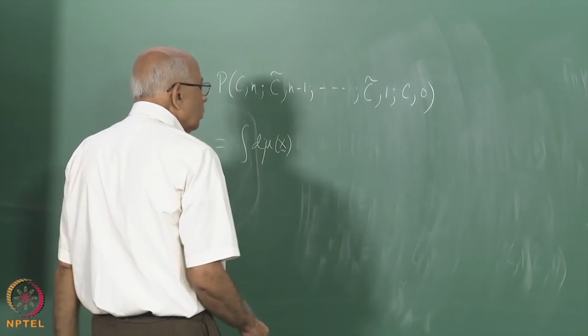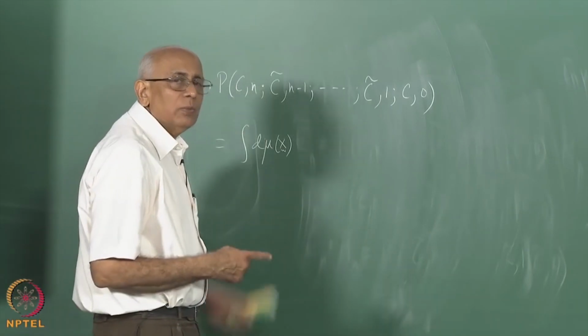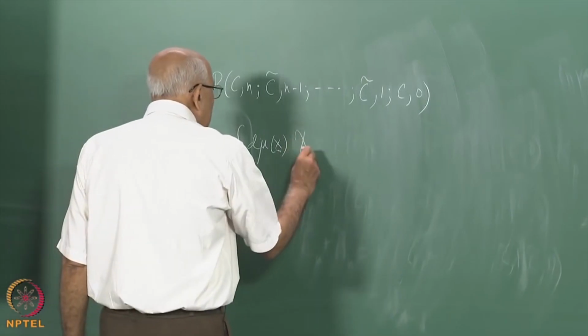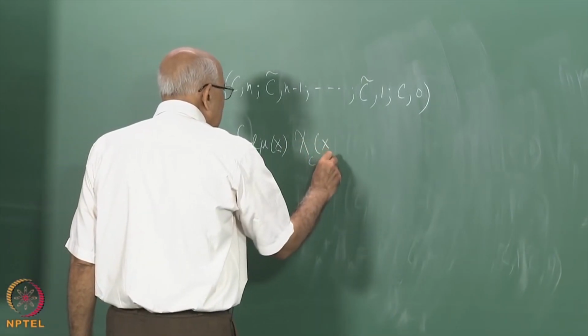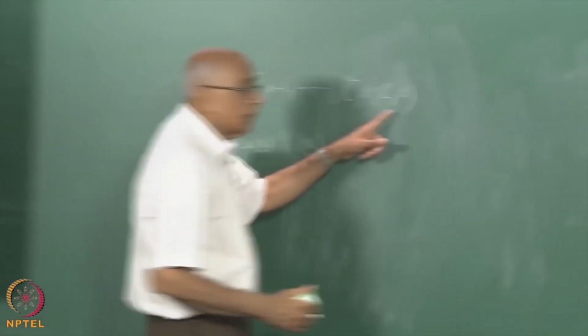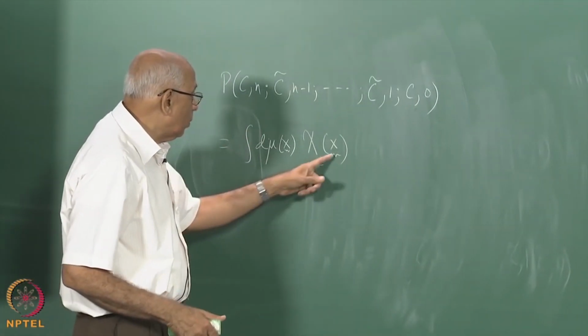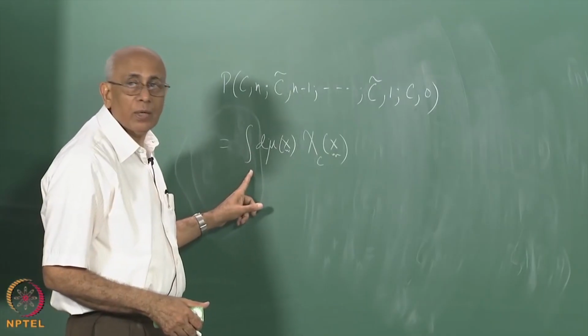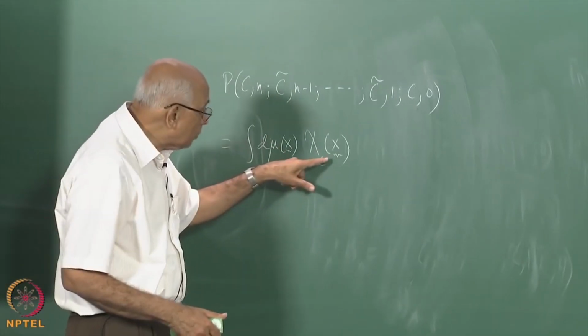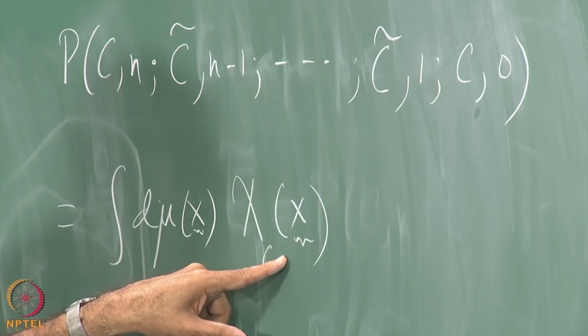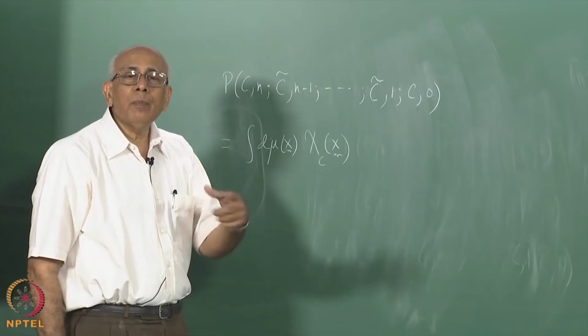Then what is this fellow equal to? Here you must integrate over all those points with this invariant measure which satisfy that. So you have a chi c of x that takes care of this portion, because this integral will automatically be 0 if x is outside. So the integral is now running over the full phase space, but this function sees to it that x must lie inside here, and then the remaining points.